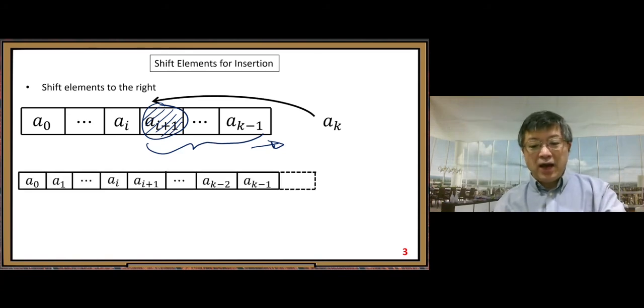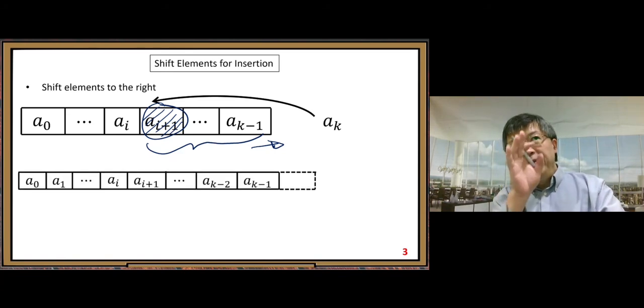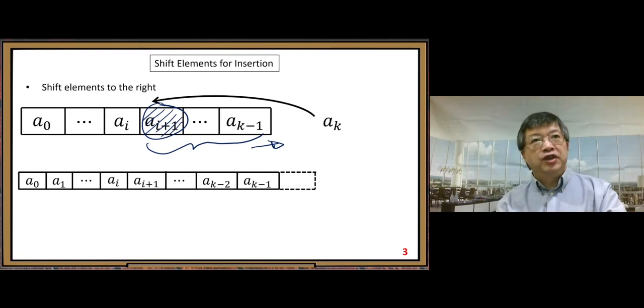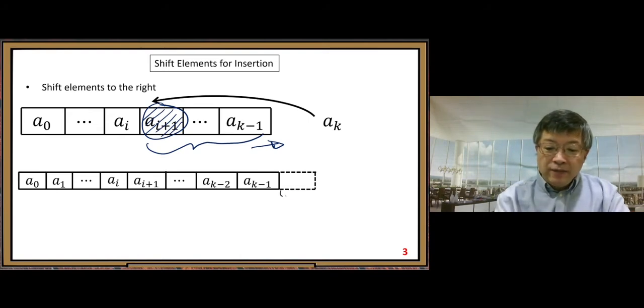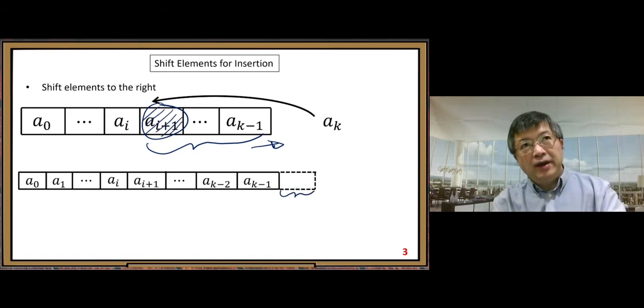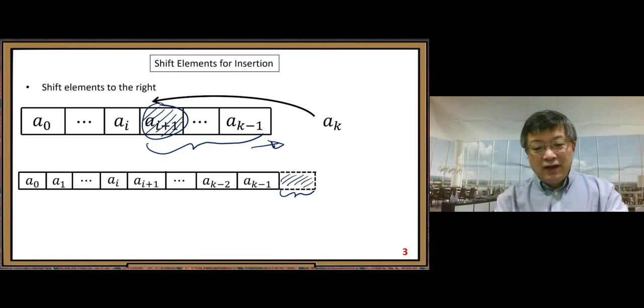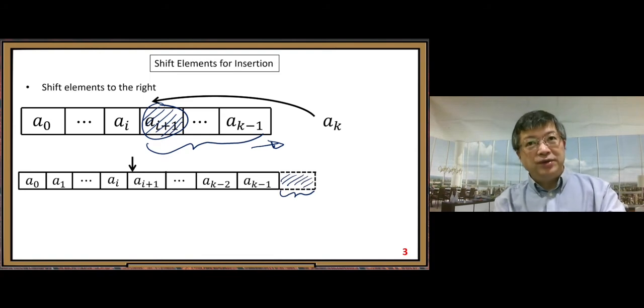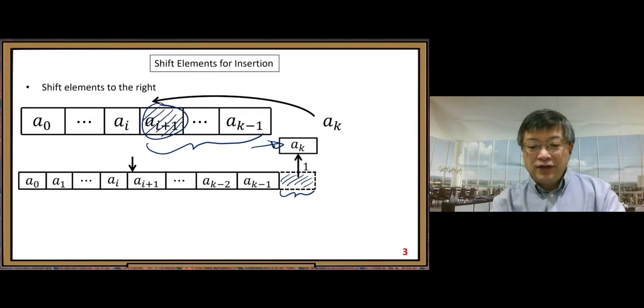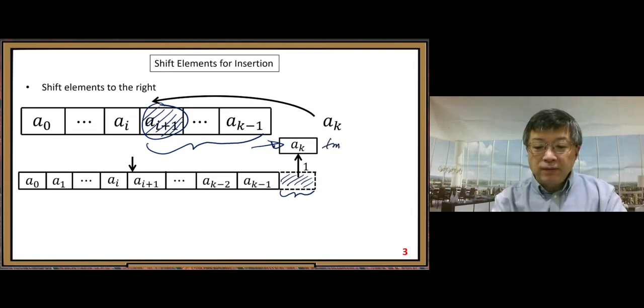All right, so now let's do it. Before we make the first shifting operation, we get an empty location right after A(k-1). So this is empty. Next, we do the shifting operation one by one. First, the element that was here before, we move it to the temporary location.